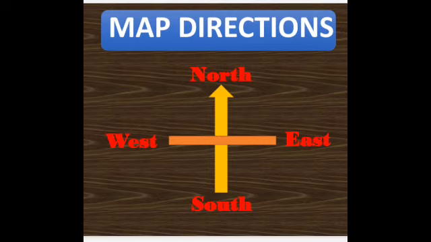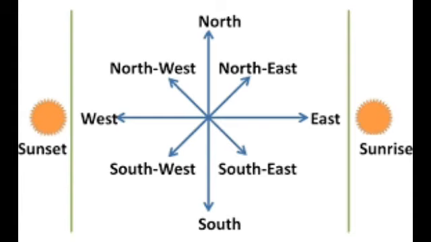Apart from cardinal directions, there are other four intermediate directions. They are northeast, southeast, northwest and southwest. Okay, we have four main directions, that is N as north, S as south, E as east and W as west.